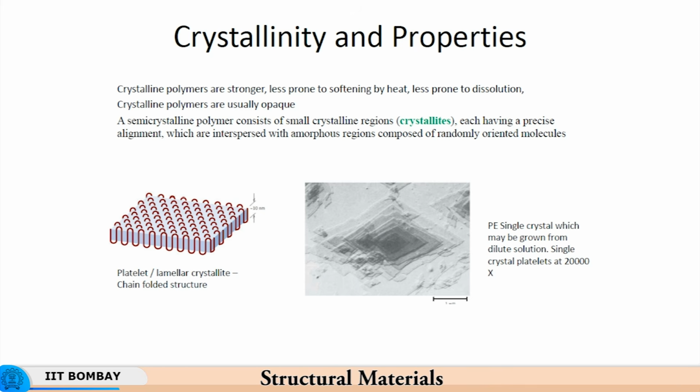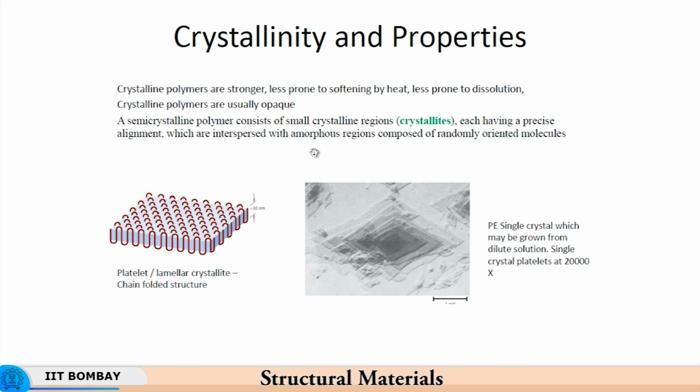Whereas if you want a transparent sheet or transparent polymer, then it has to be amorphous to the extent possible. So most of the polymers used for transparency applications are mostly amorphous in nature.